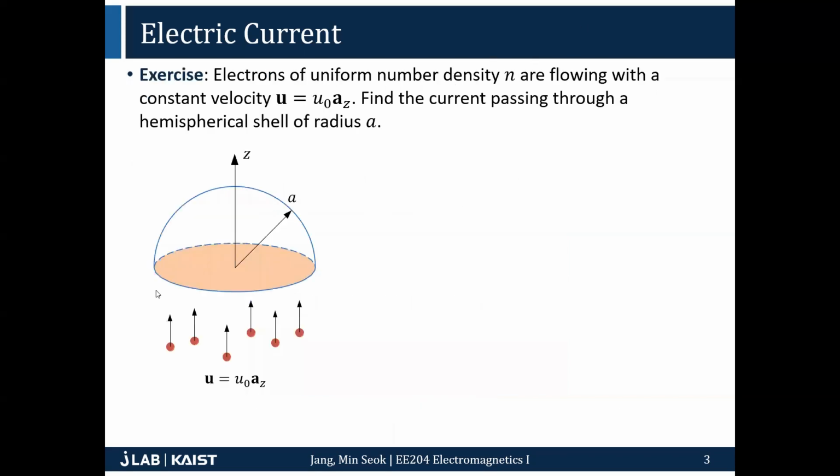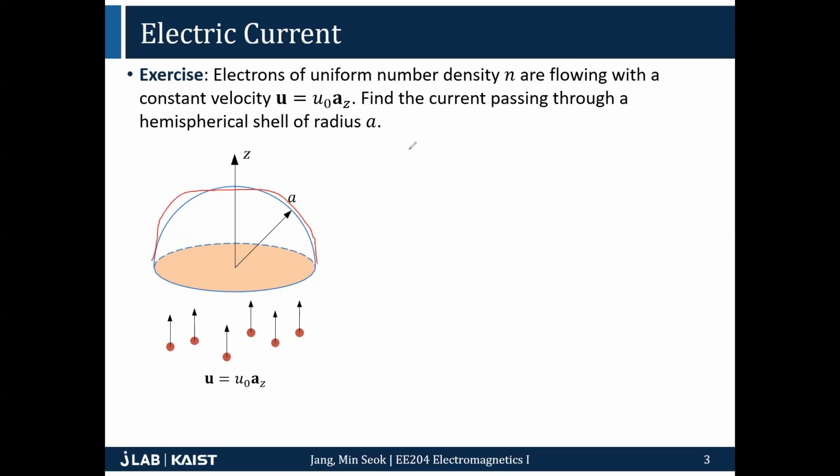And then electric current. So this is one simple exercise of calculating electric current. Let's say here are electrons of uniform number density n, flowing with a constant velocity u, which is in the z direction, u equals u0 z-hat, and u0 is a constant. Find the current passing through a hemispherical shell of radius a.